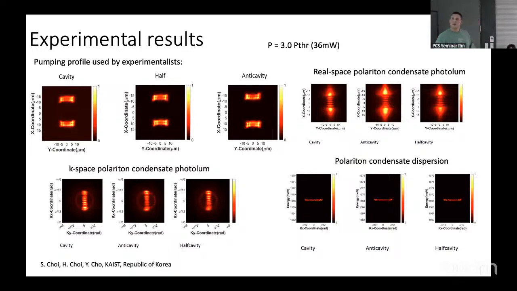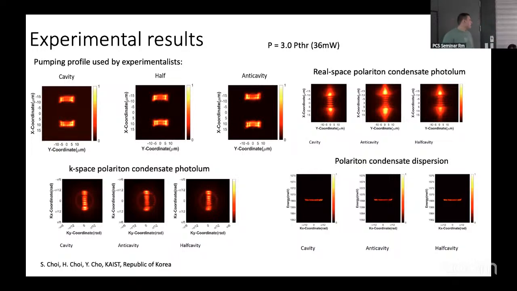If the total pumping power is different, it's just impossible to show what we want to show. We need to maintain the total pumping power constant in both experiment and simulations, so that's why we compare cavity and anti-cavity, but not cavity and something else.